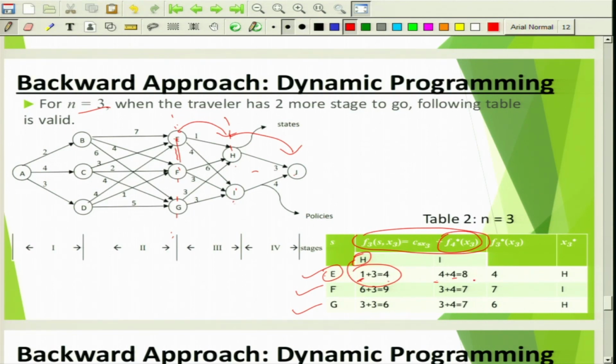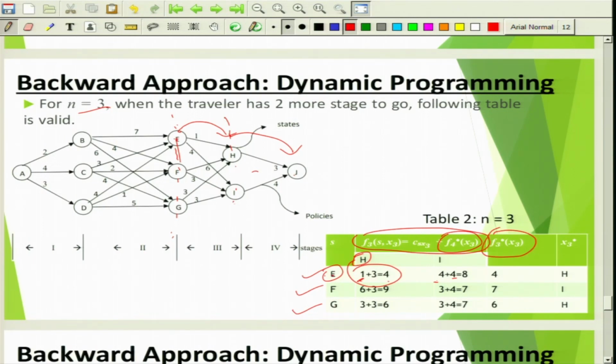So that is 8. Similarly, starting from point F, how much is the cost? From F to H it is 6, from H to J it is 3, total is 9. Similarly, you do it for F to I, G to H, G to I, and among these, which is the most minimal one?